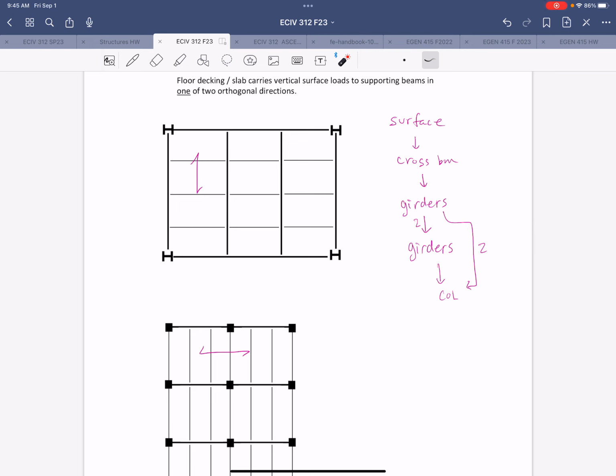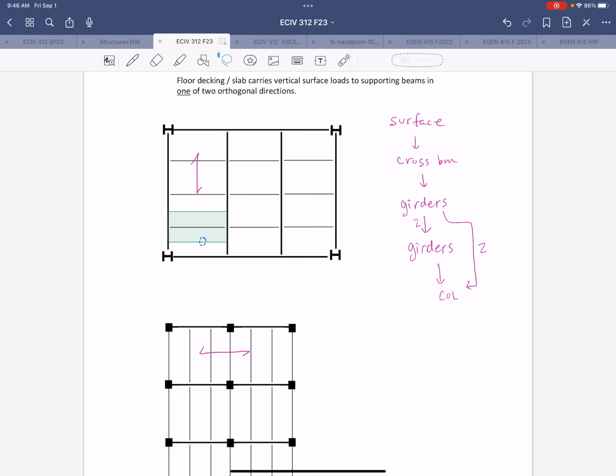So think about one of these. Let's go ahead and label the cross beams, right? I'll color code it. So one of those interior cross beams would have a tributary area, something like that.